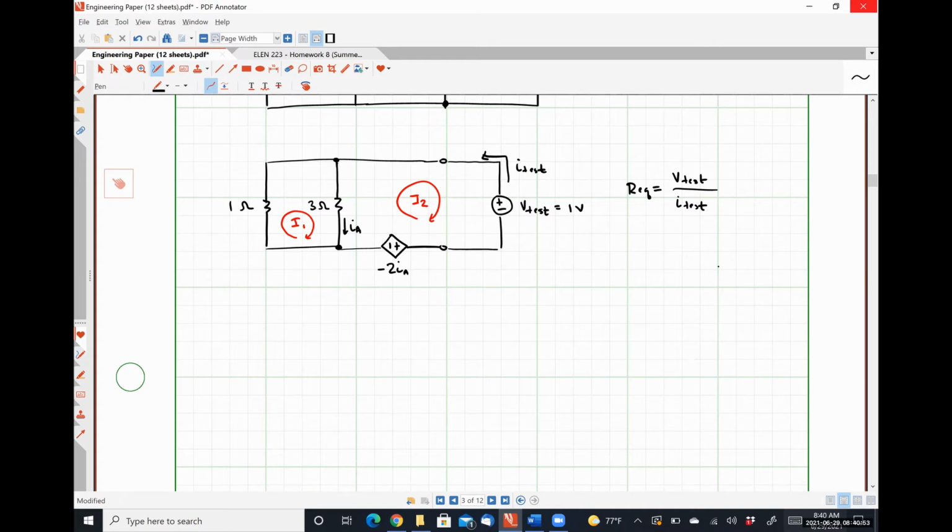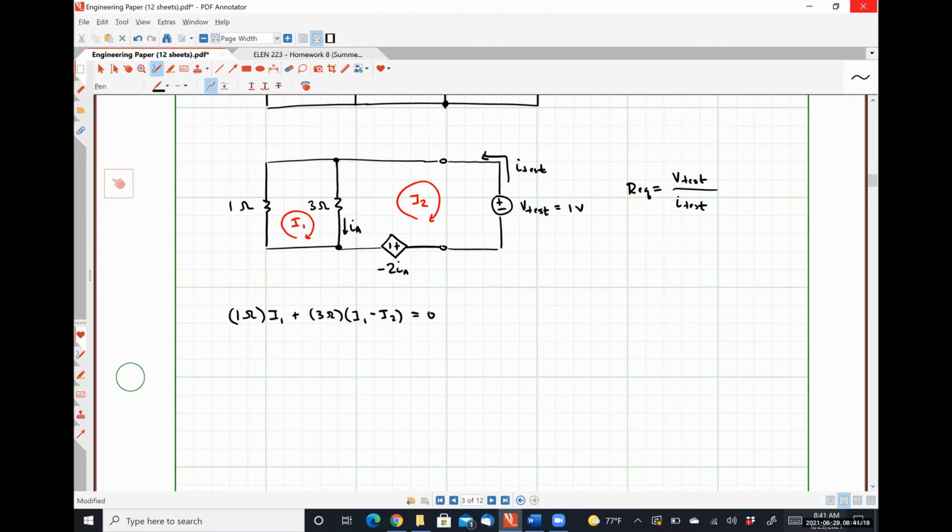So starting for mesh 1, I'm going to see 1 ohm times I1 plus 3 ohms times I1 minus I2 is equal to 0. Everybody okay with that?